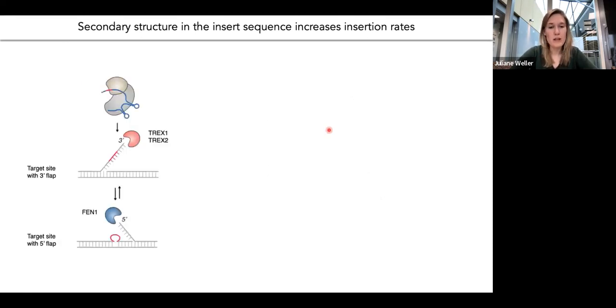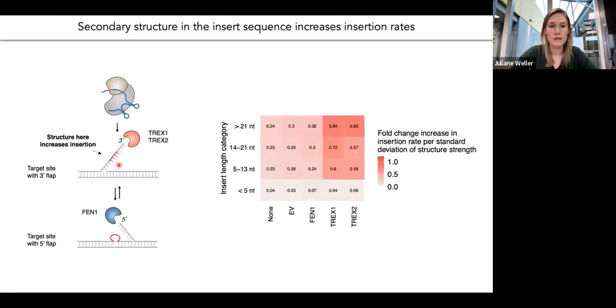And our explanation, or what we think could be happening, is that with TREX1, TREX2, structure can protect the flap from being degraded. If we look at our overexpression experiments, we see that structure is important for all different insert length categories, but particularly important in the case where we have TREX1 and 2 and for long inserts.